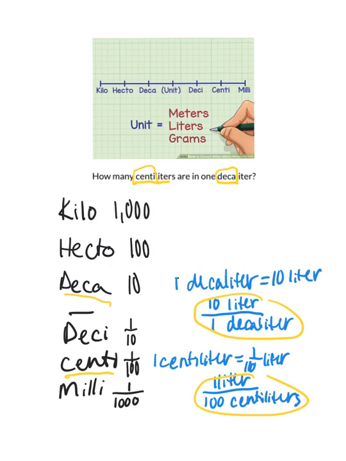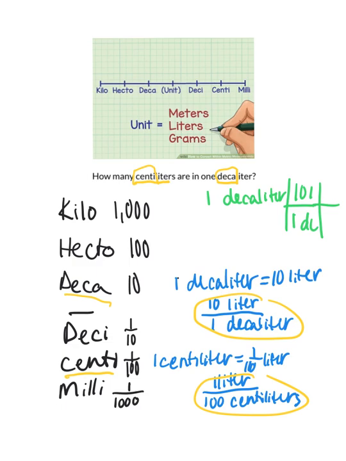We know that we have 1 deciliter. Here, I'll write in green so that it stands out more. We have 1 deciliter. And we know that 1 deciliter is equal to 10 liters.